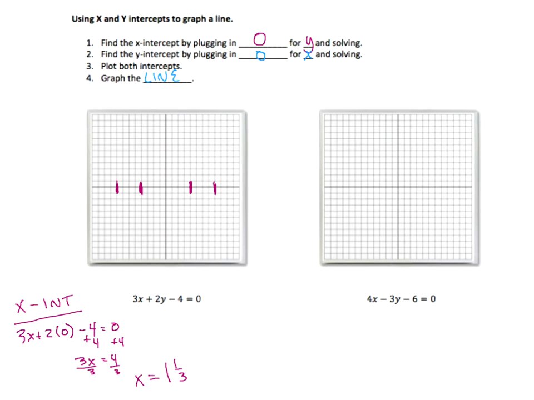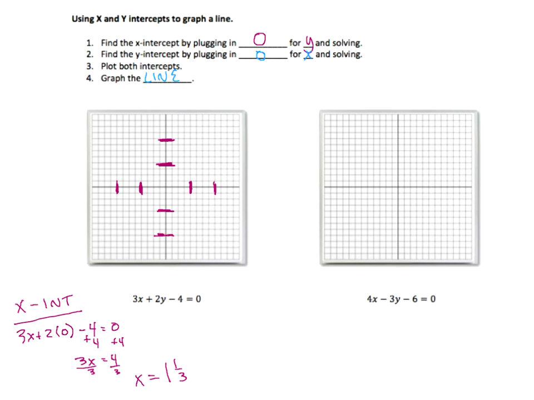Okay, so I'm scaling this differently. Every hatch mark you see now is counting for 1. It's quartered up.